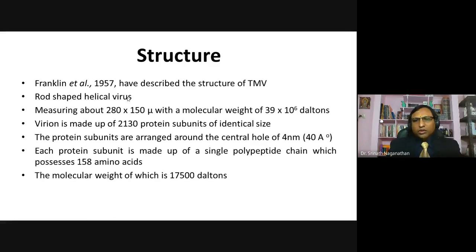The protein subunits are arranged around a central hole of 4 nanometers or 40 Angstroms. Each protein subunit is made up of a single polypeptide chain, which possesses 158 amino acids. The molecular weight of this is 17,500 daltons.